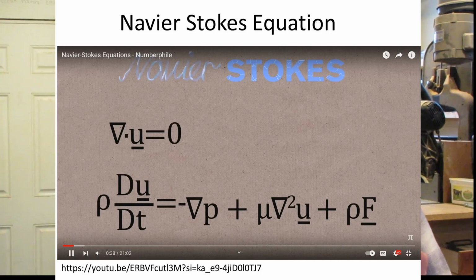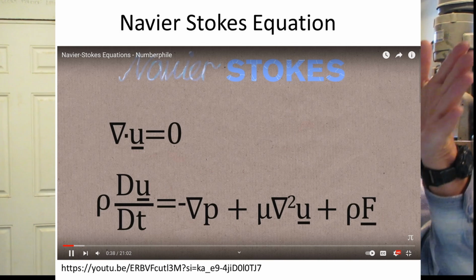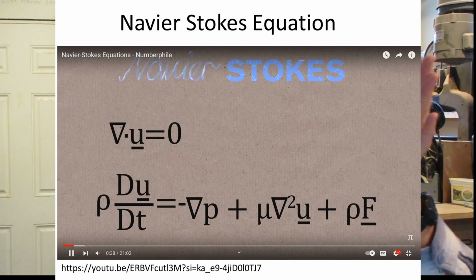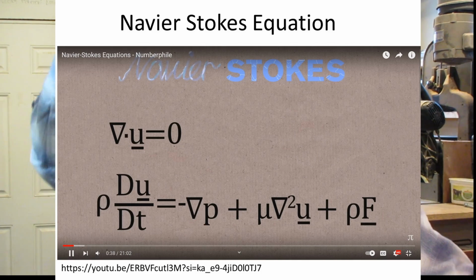You saw our mechanical analogy for all the terms in Bernoulli's equation, okay? If you were to pull up the Navier-Stokes equations, they look real complicated, because there's divergence and curl and it's three-dimensional.